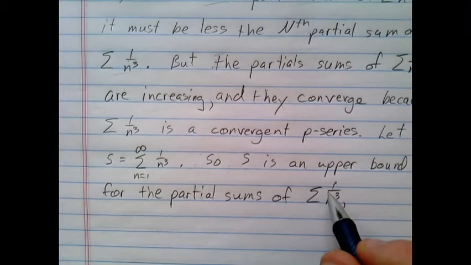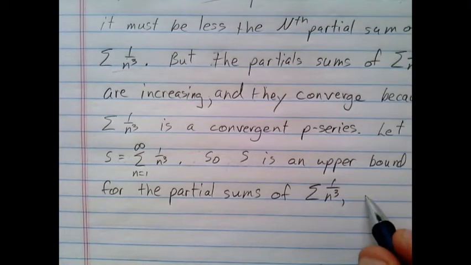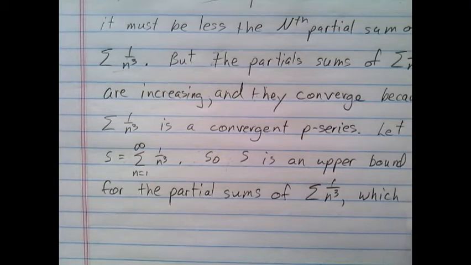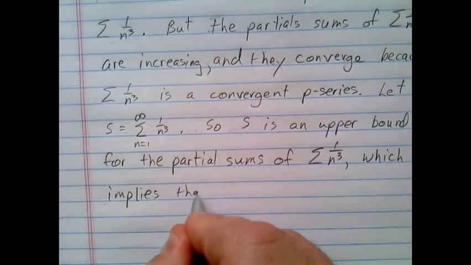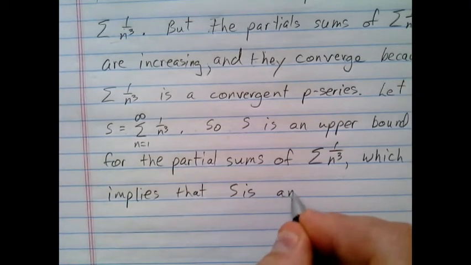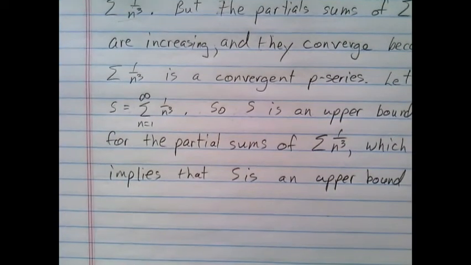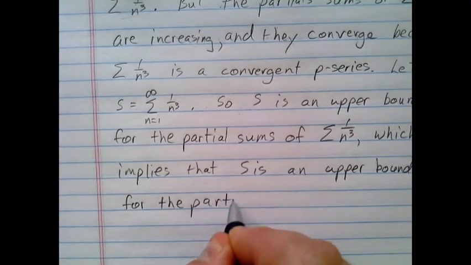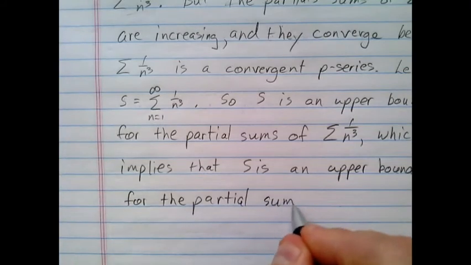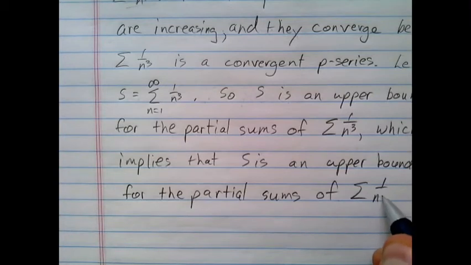But we already said that those partial sums are bigger than the partial sums of the other series, which implies that S is an upper bound for the partial sums of the other series, the one where the nth term is 1 over n cubed plus 1.